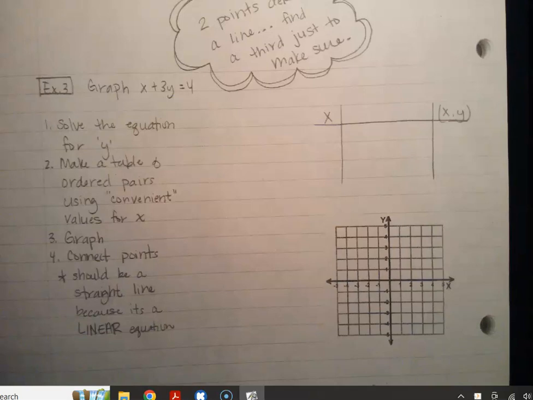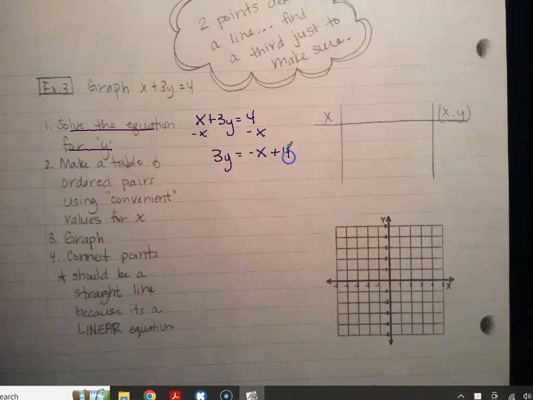The first thing is to solve the equation for y. That means we want to get y by itself, or isolate y. So if we've got x plus 3y equals 4, we're going to subtract x from both sides. This is where your balancing skills, or your solving an equation skills, are going to get really good. We always put the x first, so I'm going to put negative x plus 4.